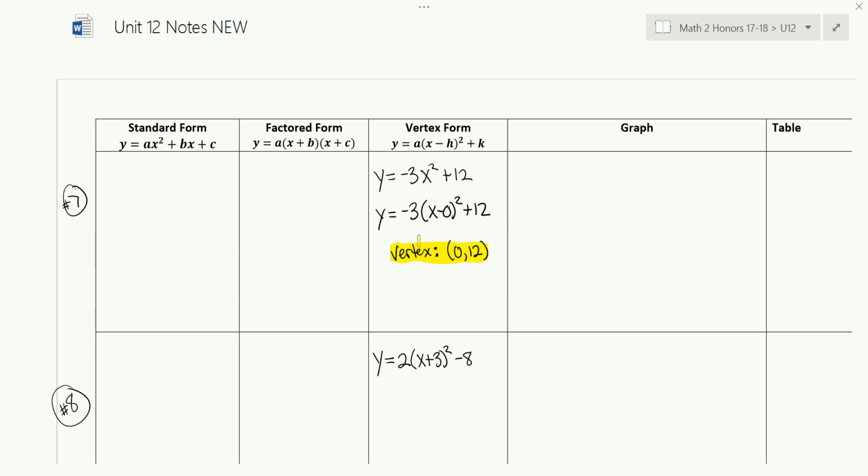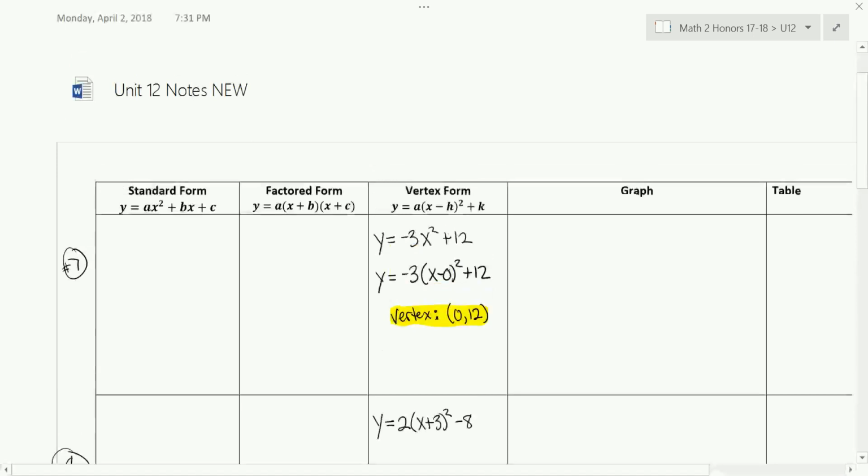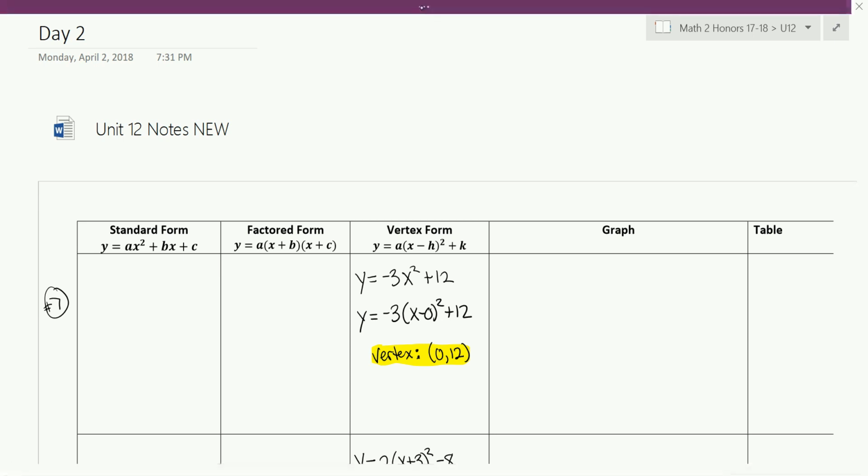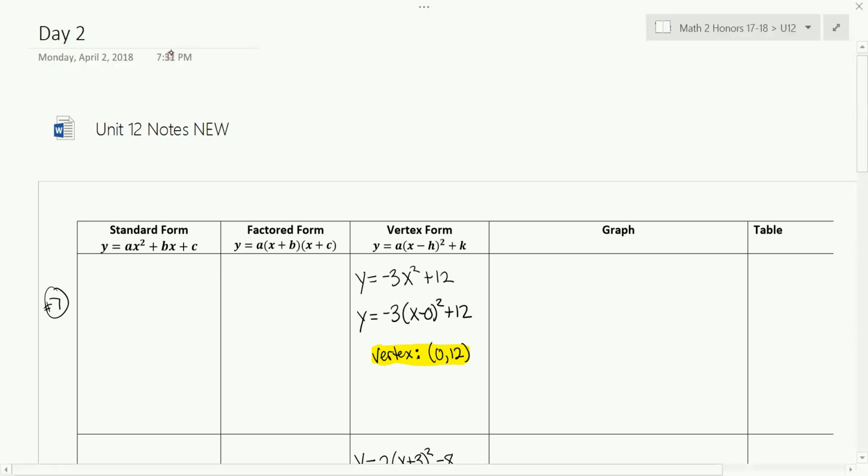You see what I'm saying? So here's what you do. Put parentheses only around what's being squared. And I'm going to do that right here. x is the only thing that's being squared. And so I know the 12's not in there.